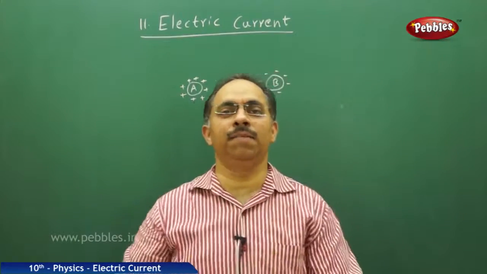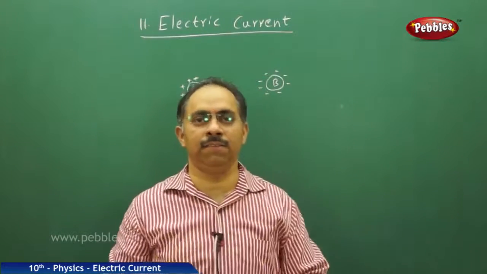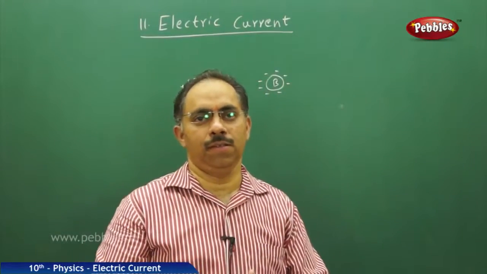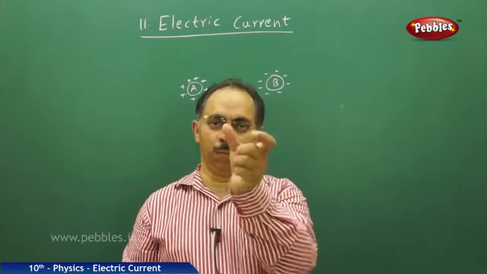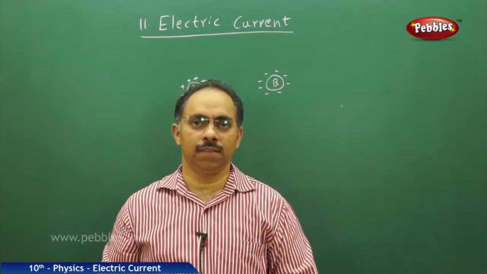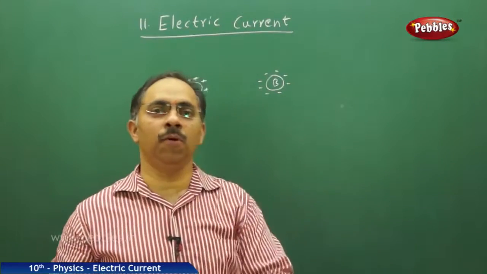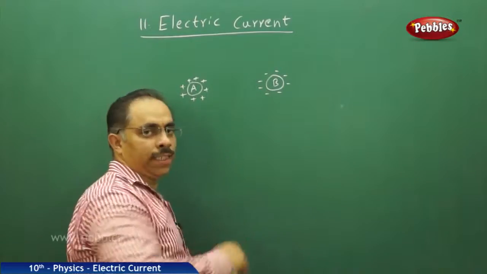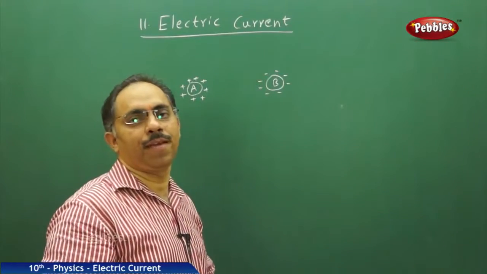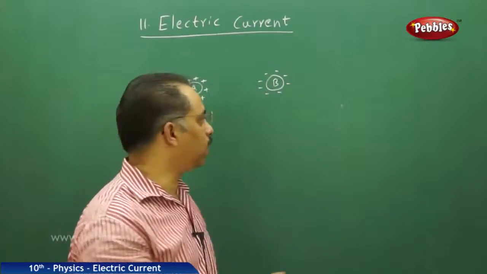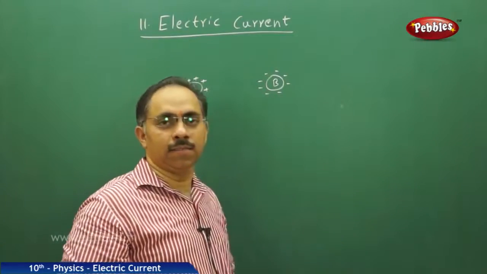There is a lot of similarity between magnetism and electricity when we study static electricity. When you take a magnet, there are two poles, north pole and south pole. The north pole in magnetism is analogous to the positive charge in static electricity, and similarly, the south pole is analogous to the negative charges.